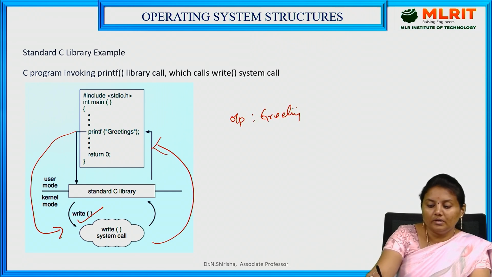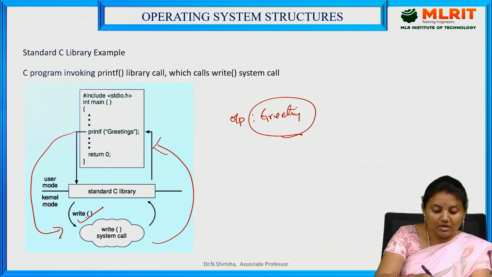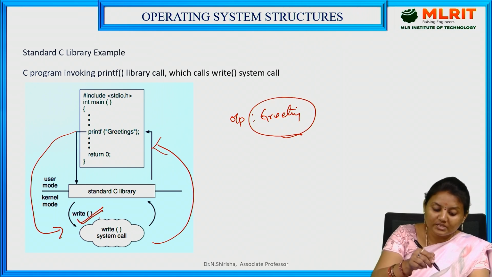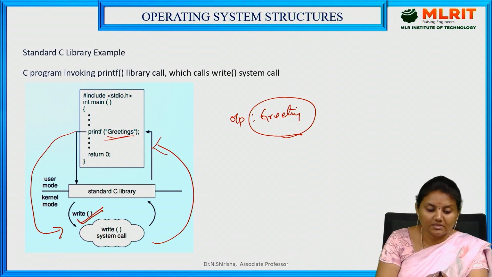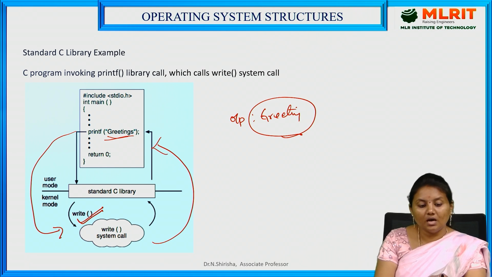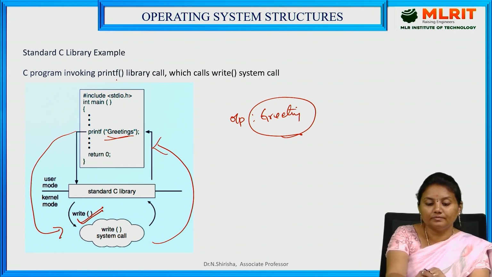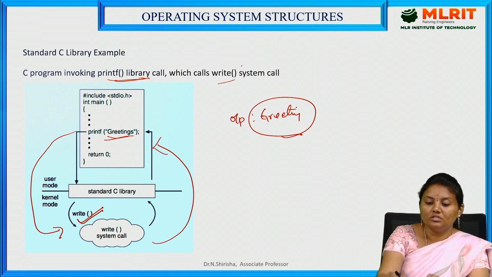How are you getting this as output? Because your kernel understands that it retrieved the write system call, so it has to write onto the output. It has been written in the code. So this is how it invokes the printf library call, which calls the write system call.